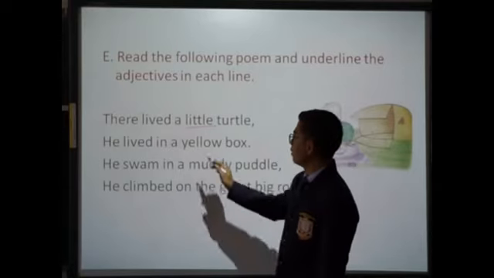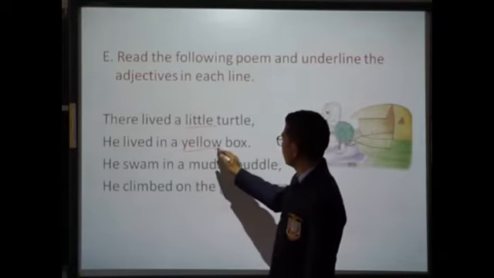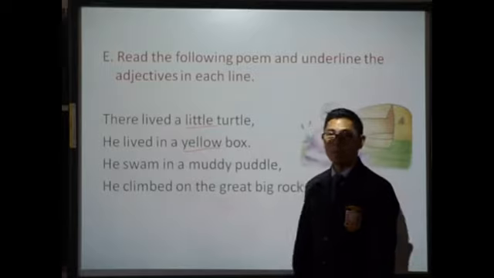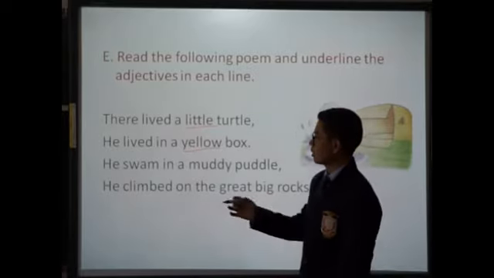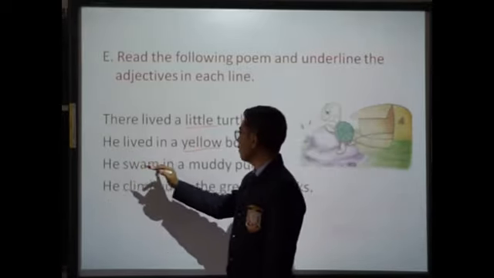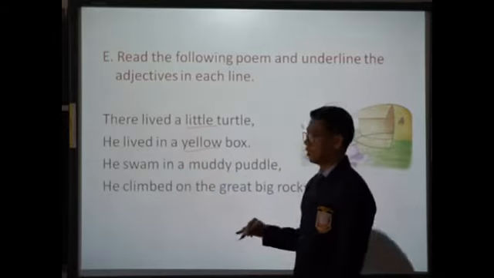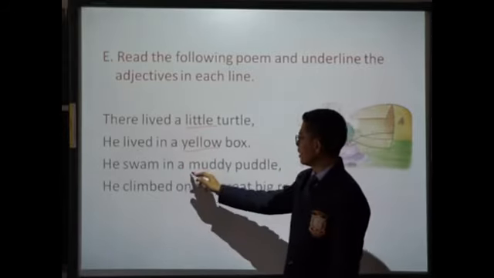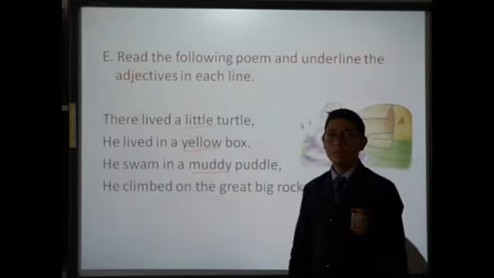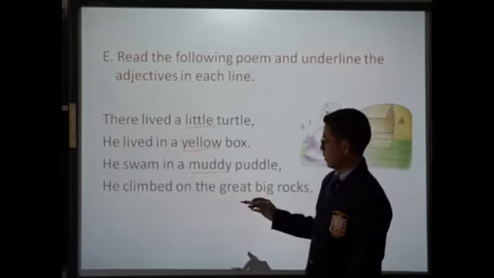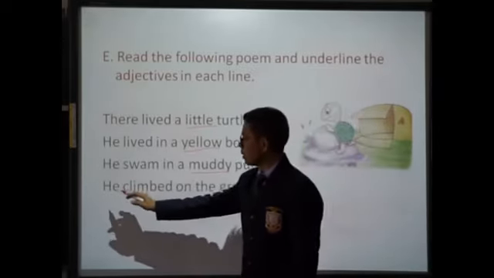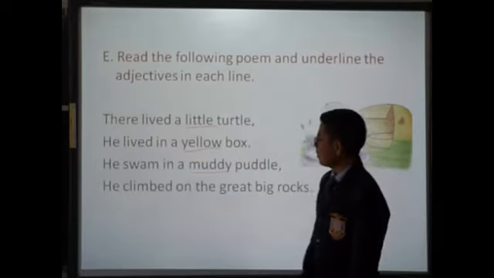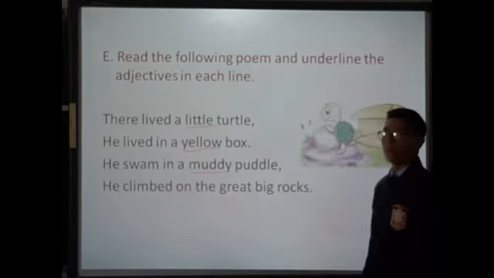Here the adjective is yellow. Which color? Yellow box. He swam in muddy puddles. What kind of puddles? Muddy puddles. Muddy describes the puddle. Next, he climbed on the great big rock.